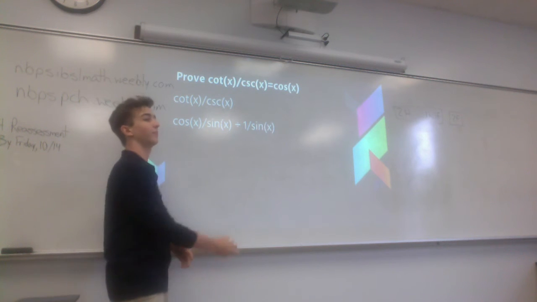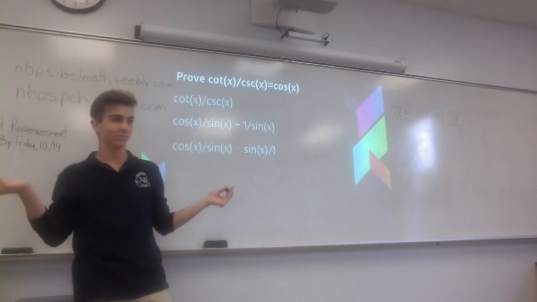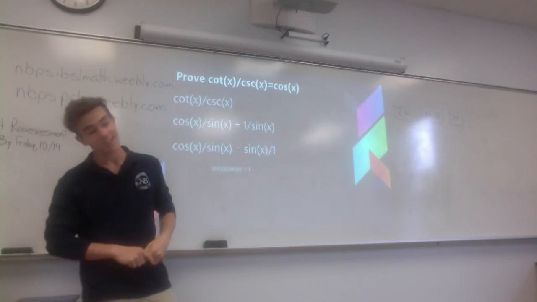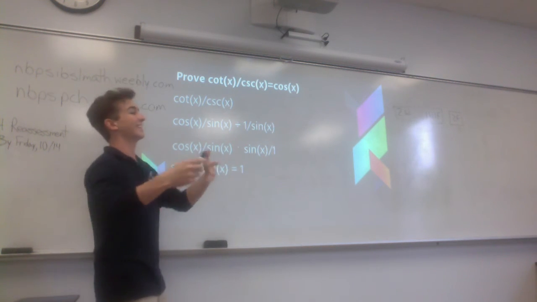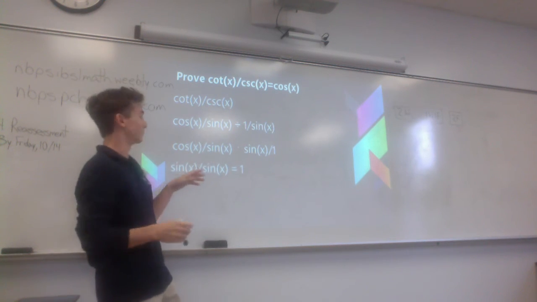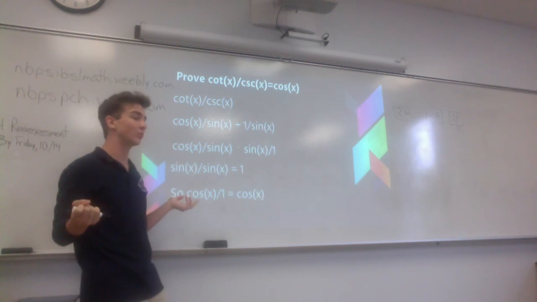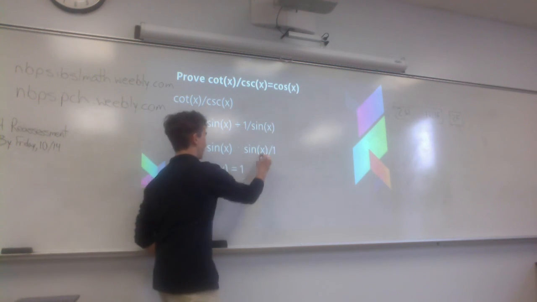Just multiply and flip it. So now what are we gonna do? Cancel out the sines because they equal 1. So then we end up with cosine x divided by 1, and that just equals cosine x, which is what we're trying to prove. So give yourself a big check mark.